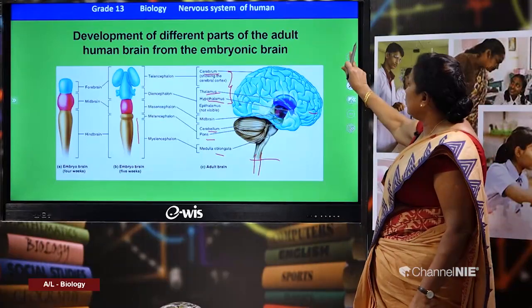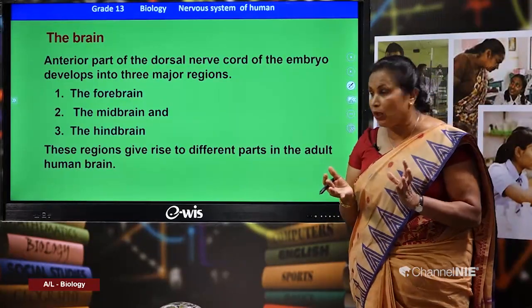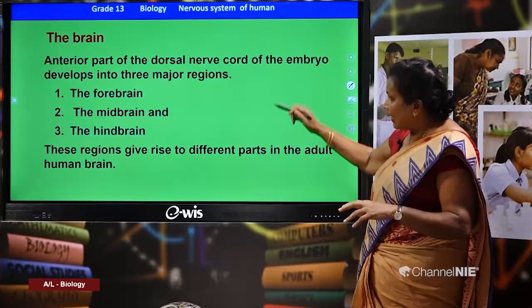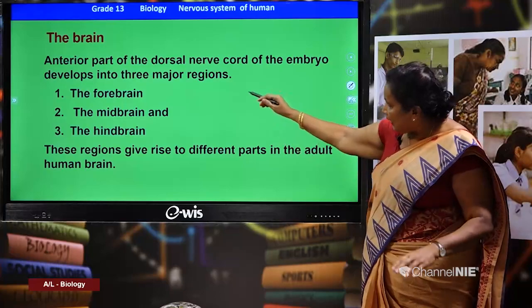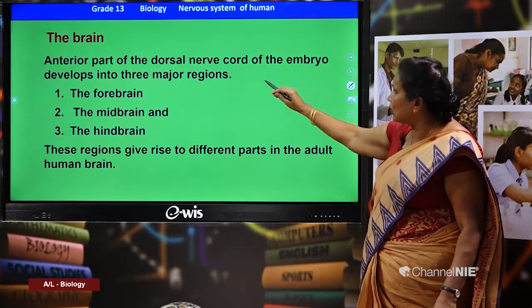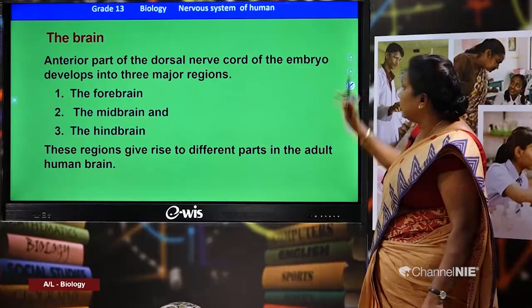Next we move to the brain, the most important part. Here you can see, as I explained earlier, these are the regions that I have explained. The anterior part of the dorsal nerve cord of the embryo develops into 3 major regions: the forebrain, midbrain, and the hindbrain. These regions give rise to different parts of the adult human brain. Right.